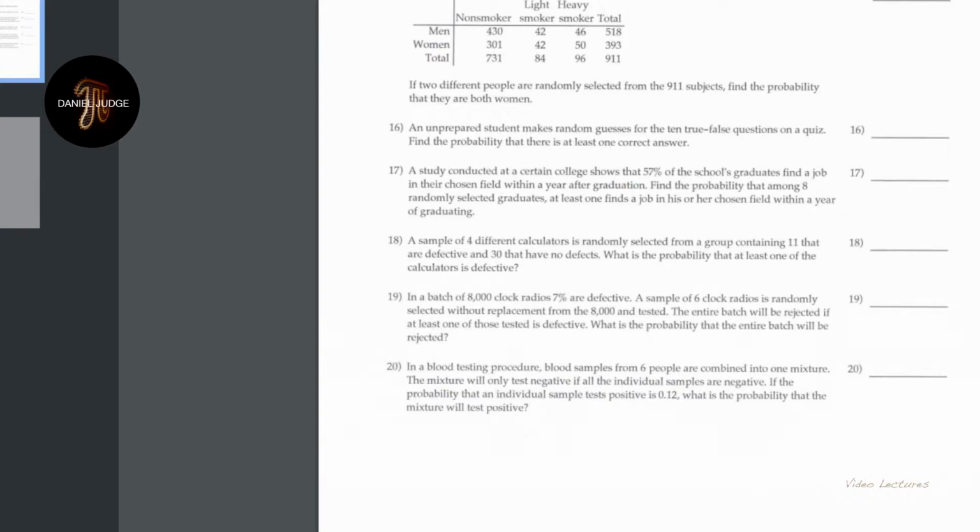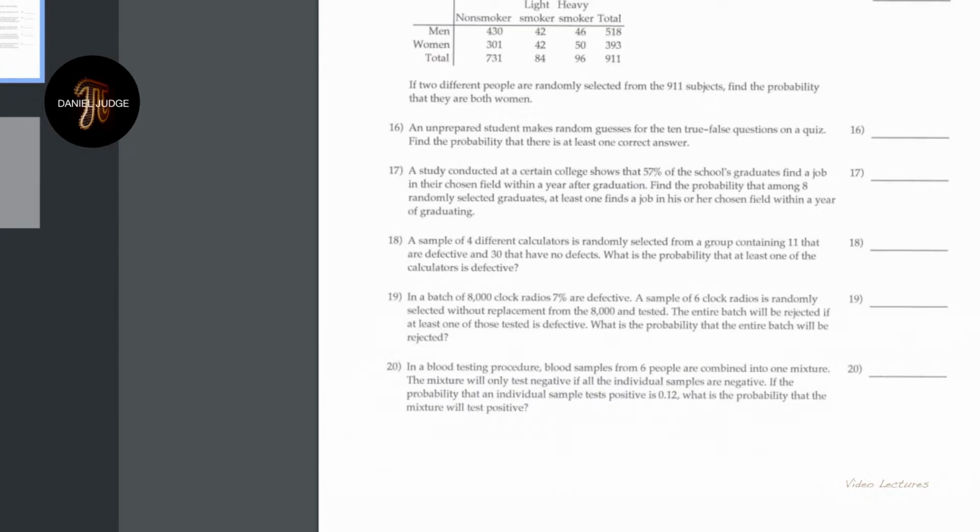The mixture will only test negative. So notice this. These are the conditions regarding the mixture. It will only test negative when every individual tests negative. So let's see, the mixture will only test negative if all individual samples are negative.